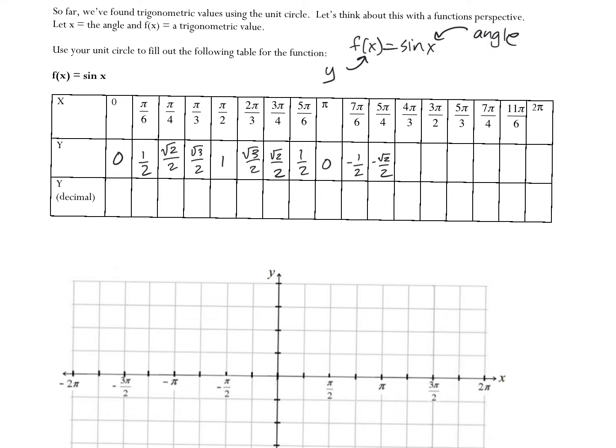Is everybody with me? And then negative square root 3/2. And then negative 1/2. And then negative square root 3/2. And negative square root 2/2. And then negative 1/2. And then 0.